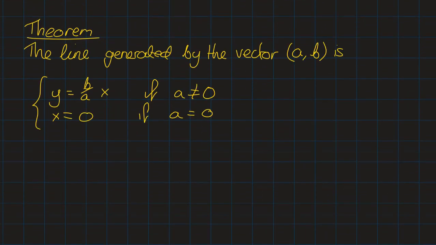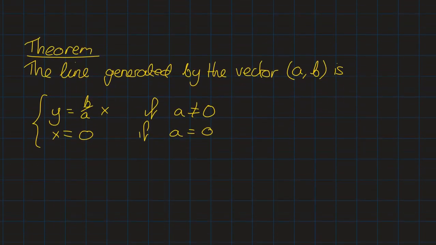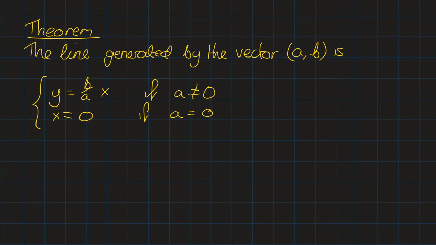There's a theorem which tells you the equation of the line generated by a vector in general. This theorem tells you that the line generated by the vector (a, b) depends on what a is. If a is non-zero, then that line is y equals (b over a) x. And if a is equal to 0, then the line is just x equals 0.